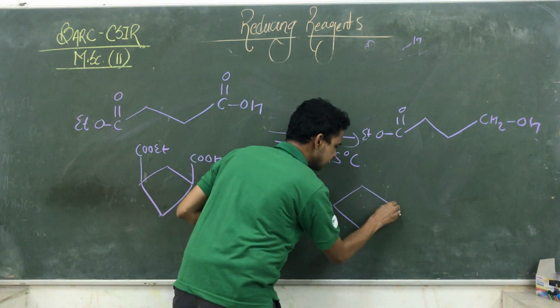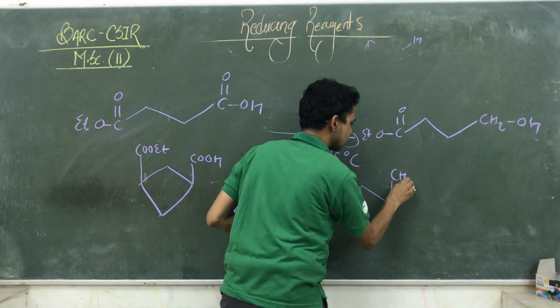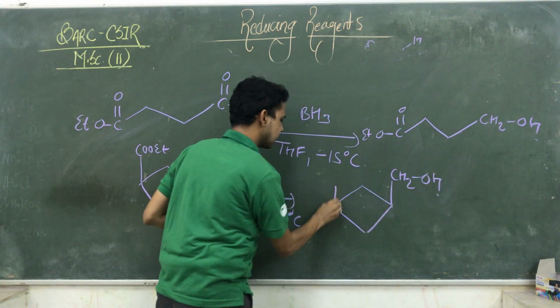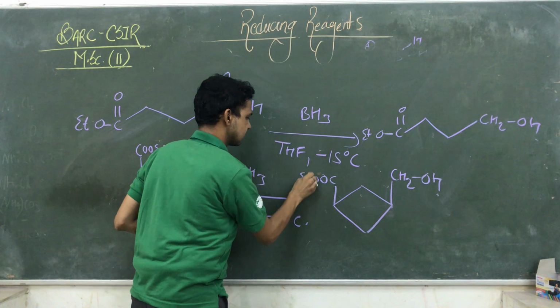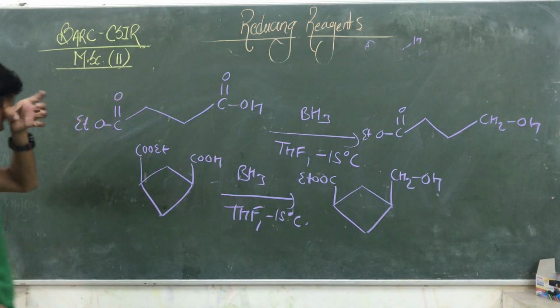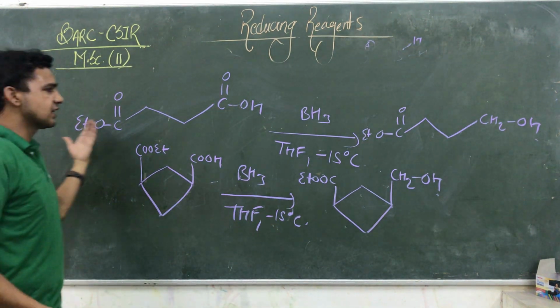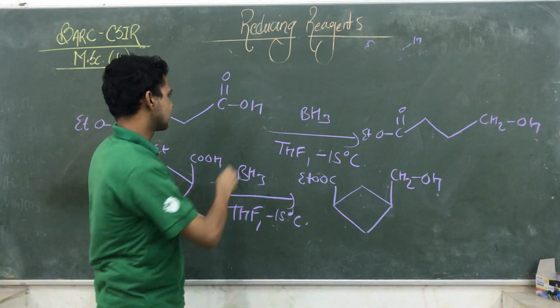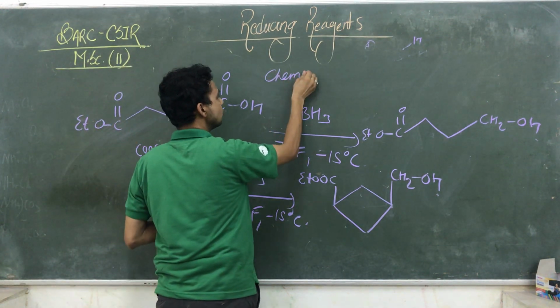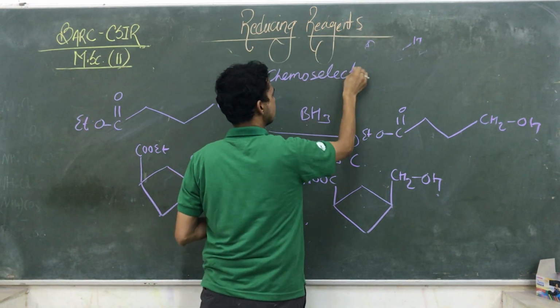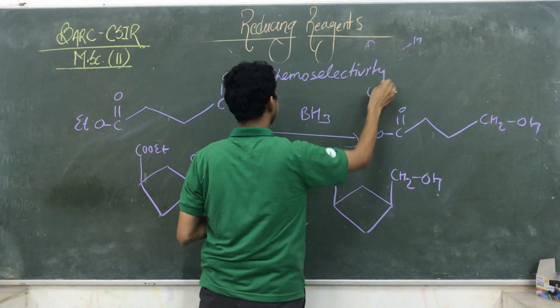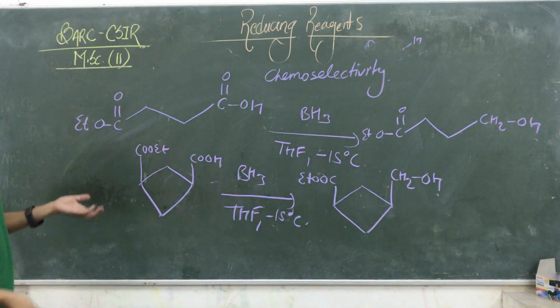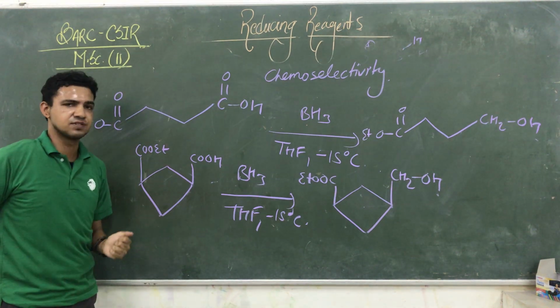So it gives you such a compound with CH2 and OH, with the ester remaining the same. That is an example of chemoselectivity.